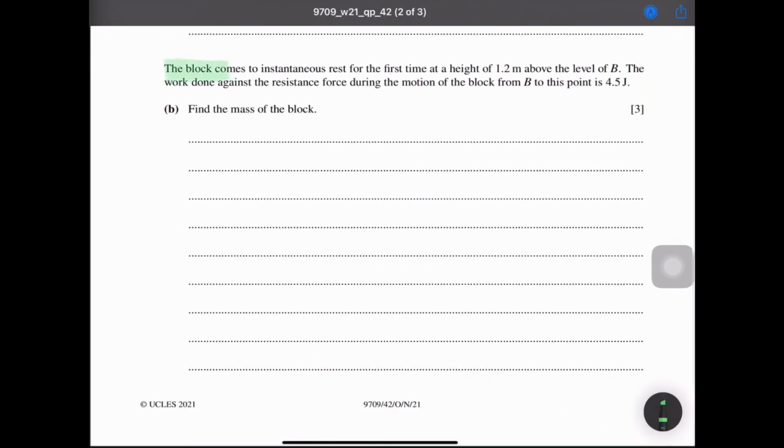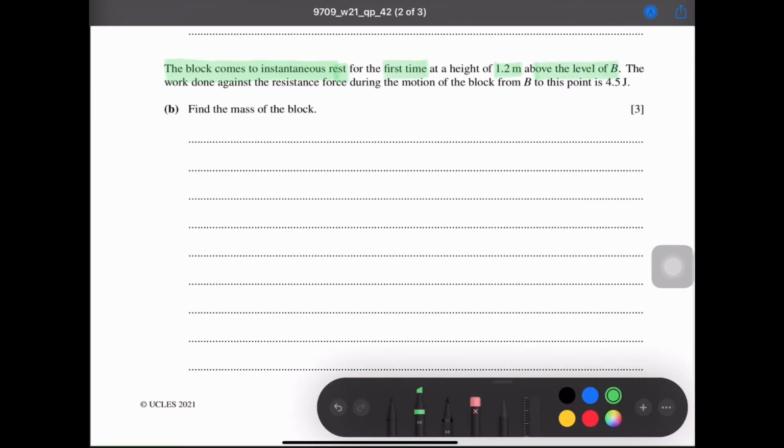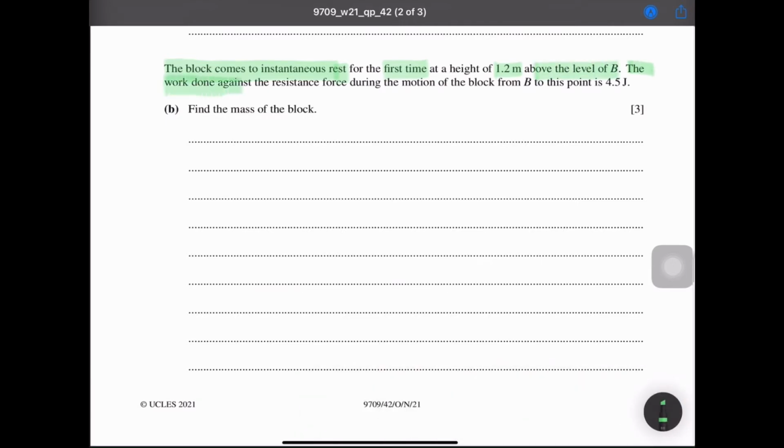The block comes to instantaneous rest for the first time at a height of 1.2 meter above the level of B. The work done against the resistance force during the motion of the block from B to this point is 4.5 J. This is the track.